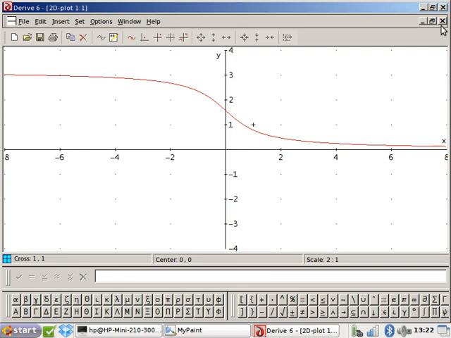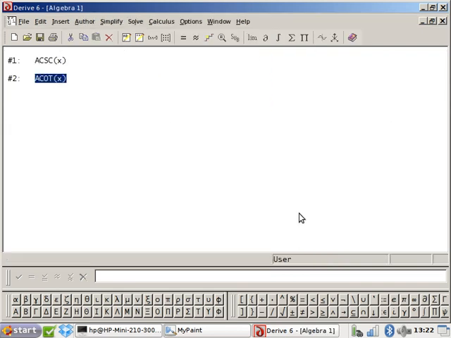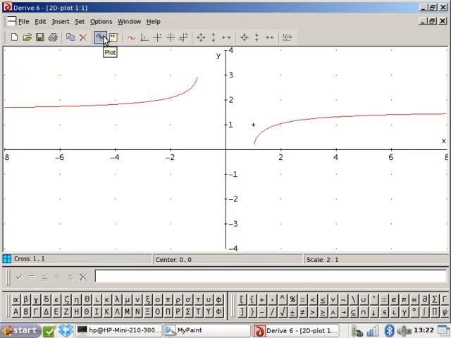And do you want sec inverse? What's the abbreviation for sec? Is it this? Yeah, I think so. Again, it's limited between 0 and pi, but I think here this is pi over 2, and I think you can't quite see this on the graph.